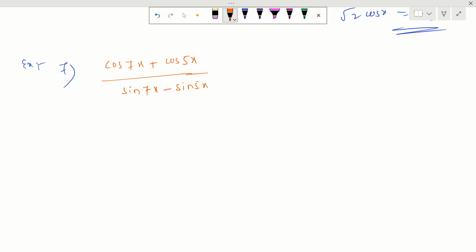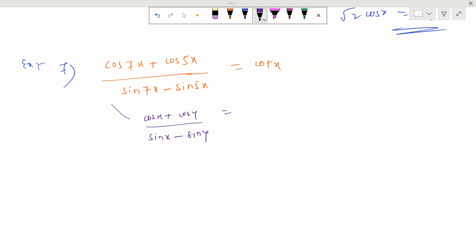Just observe that. Which formula is this? This is the cos x plus cos y formula, and the below term is the sin x minus sin y formula.